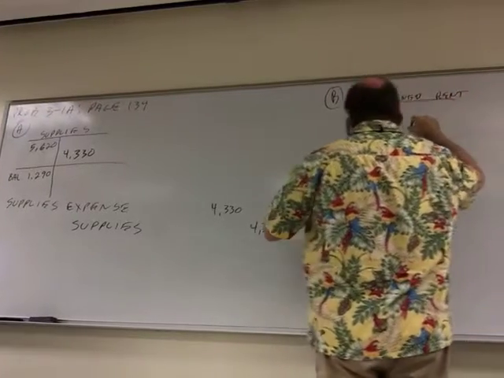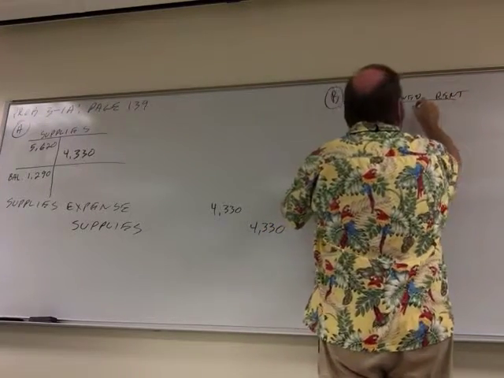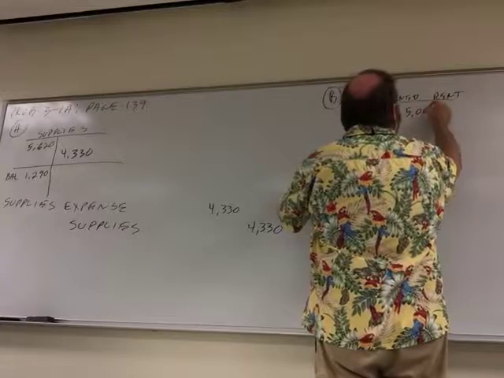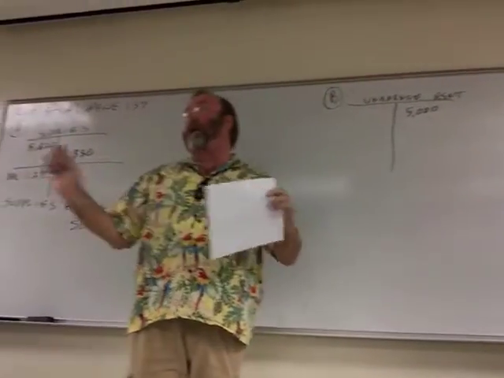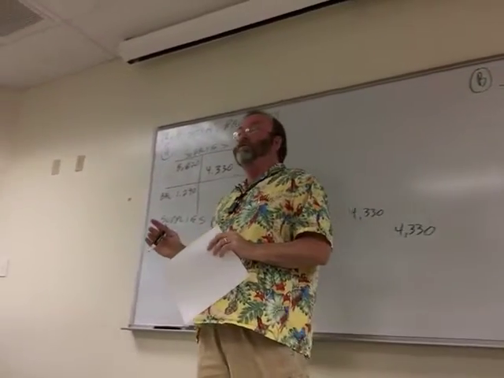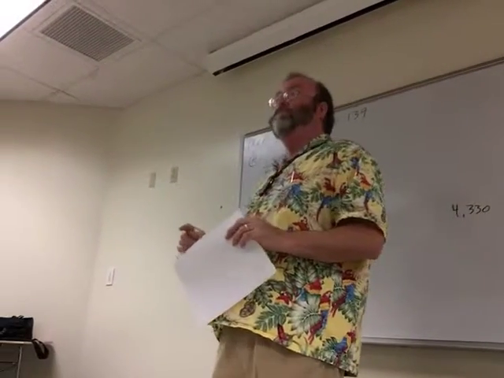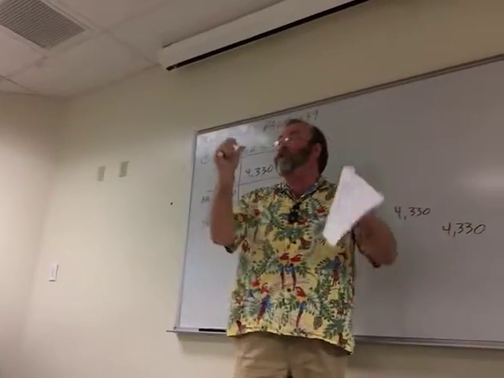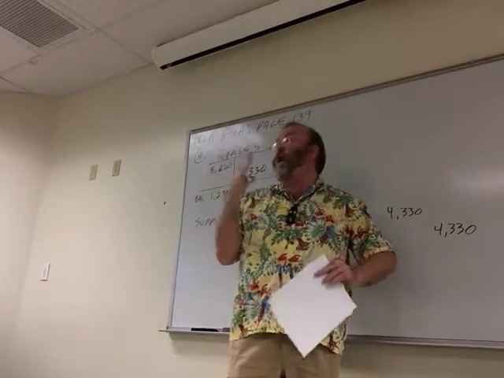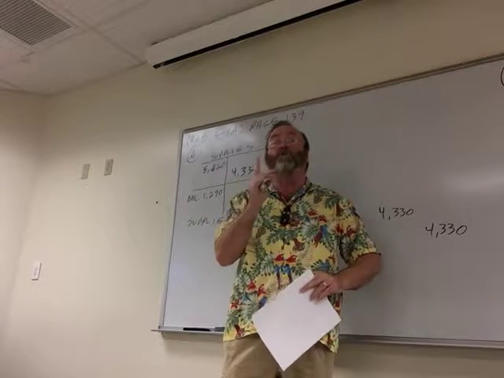Unearned rent. And unearned rent has a $5,000 balance. It's a liability, so it has a credit balance. So one of our tenants gave us 4 months' rent up front on the 1st of March.